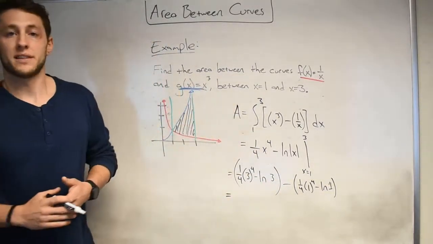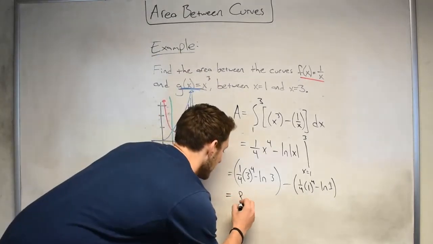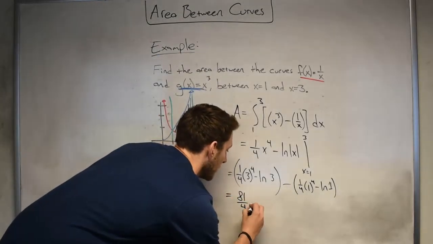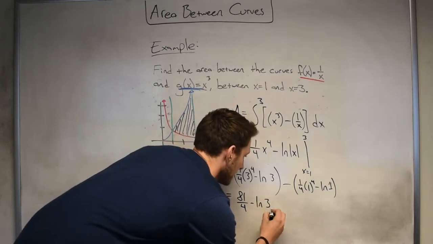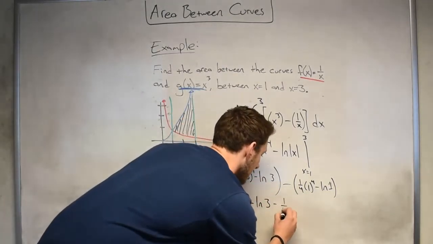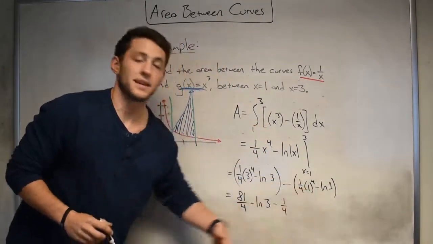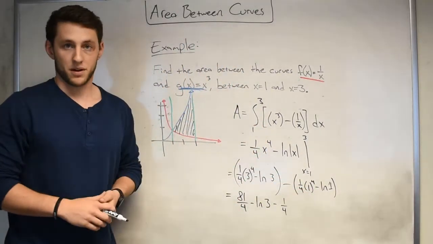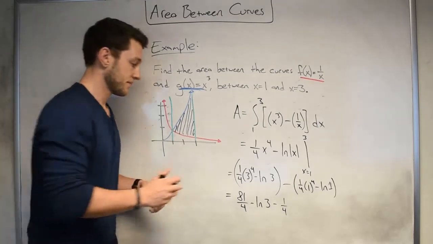When we go ahead and simplify this out, we'll get 81 over 4 minus the natural log of 3 minus 1/4, and then the natural log of 1 is just 0, so we can leave that off.